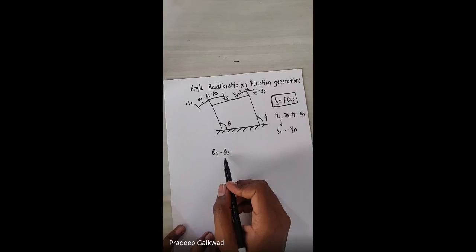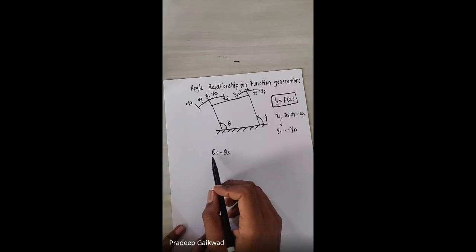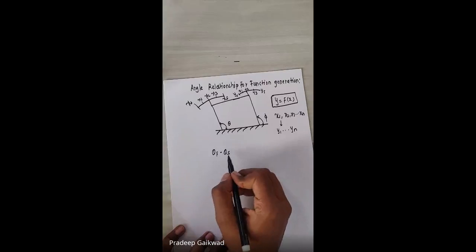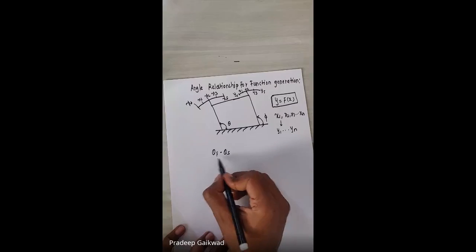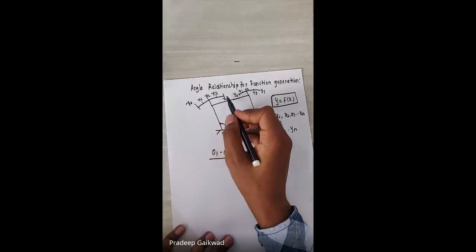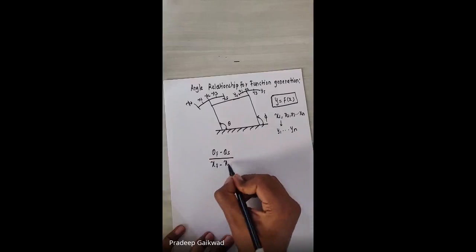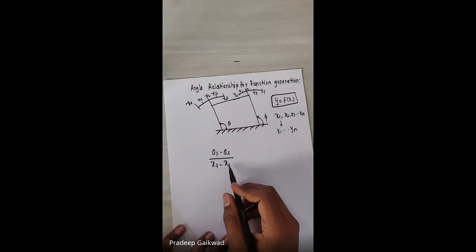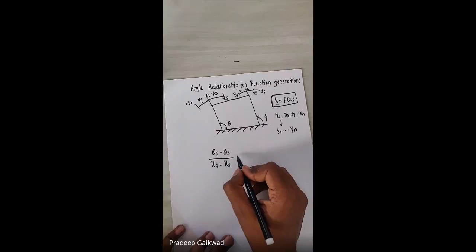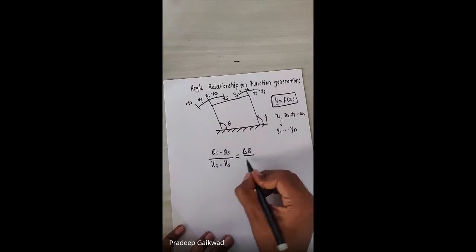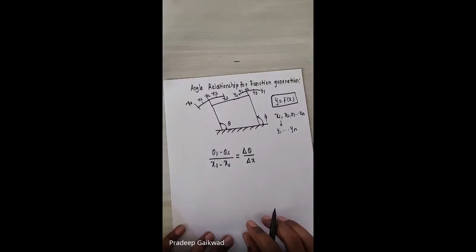What is this theta f minus theta s? It is the range of theta. It varies from s to f. So we can call it the range of input angle, theta f minus theta s. It has a linear relationship with xf minus xs, the range of x, and I can write it as delta theta upon delta x.